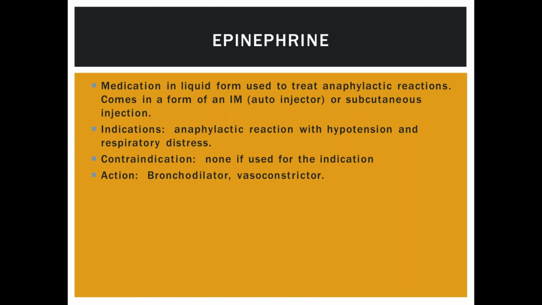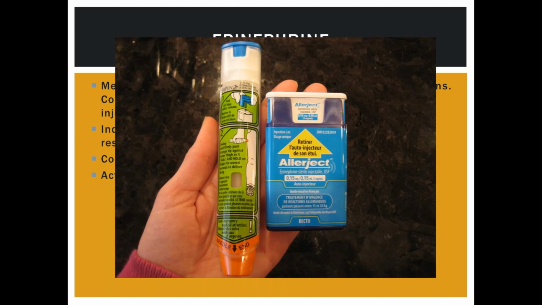Because when somebody's suffering from a severe allergic reaction or anaphylactic reaction, it causes massive vasodilation and bronchial constriction. So basically with epinephrine, what we're doing is we're using it as a trump card, and it's going to eliminate or reverse those two major signs and symptoms.